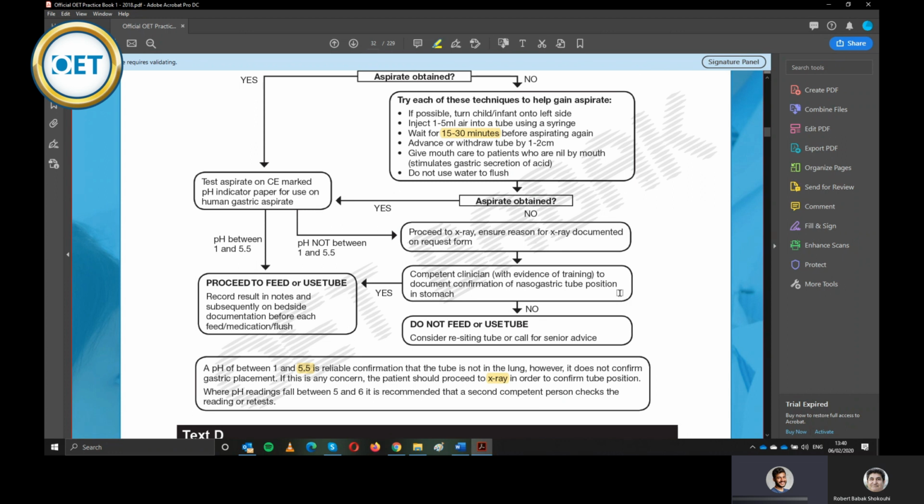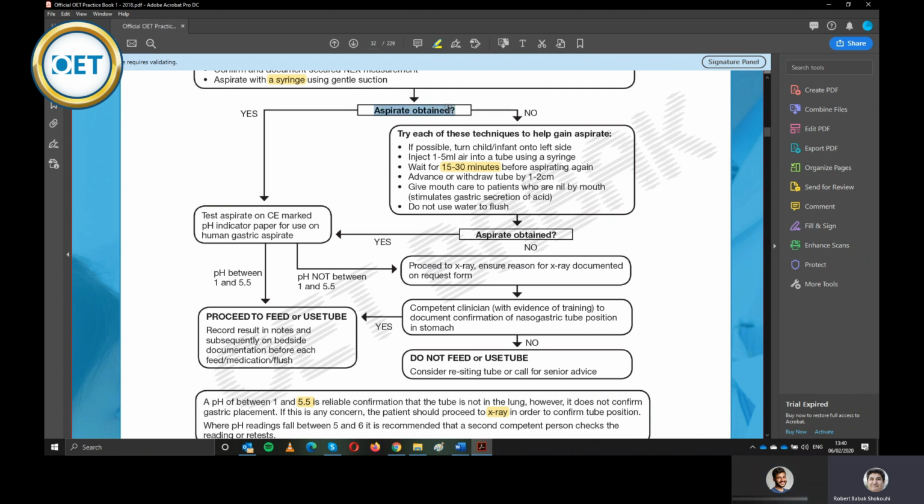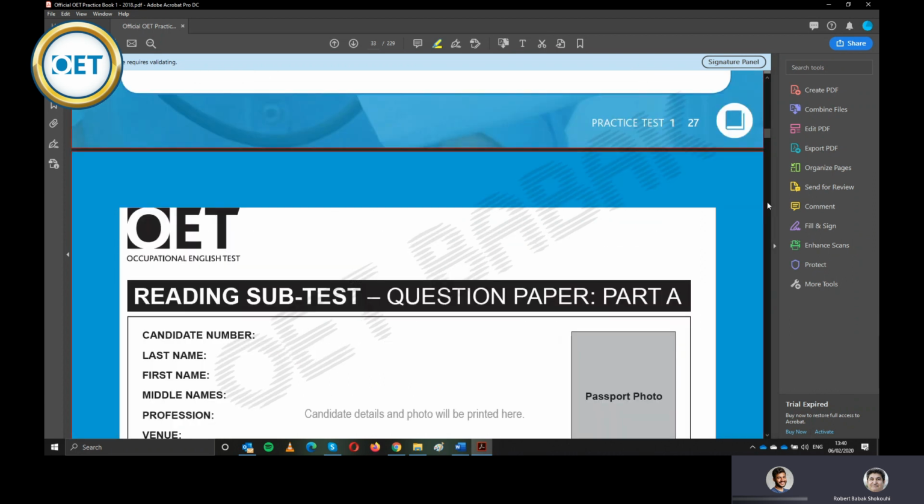If the aspirate is not obtained, we turn the child or infant onto the left side and wait for 15 to 30 minutes. So we've got the answer to these.